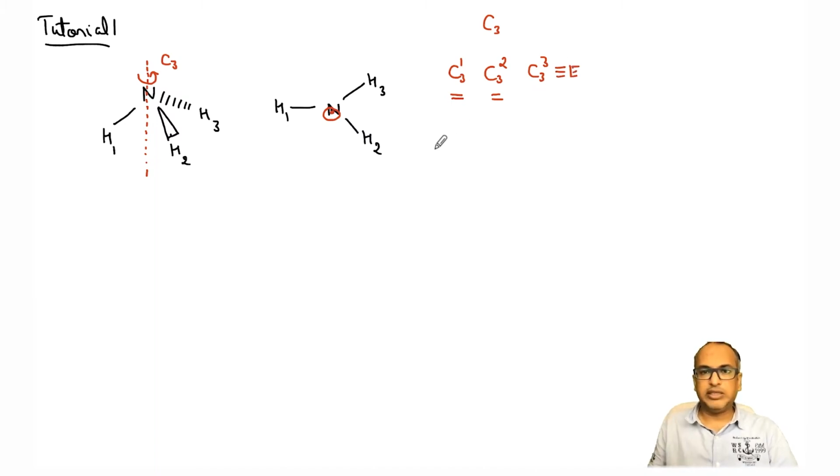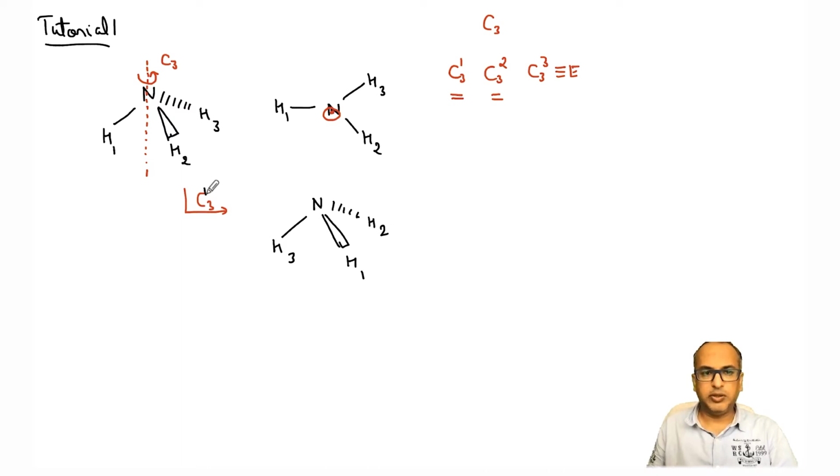Why do we say that? This is very easy to see. Let's do C3 on this, and all the rotations will be anti-clockwise. You get an equivalent configuration, but the numbers are shifted now. 1 moves to this position, 2 moves to this position, 3 moves to this position.